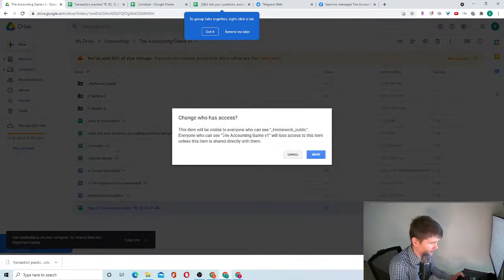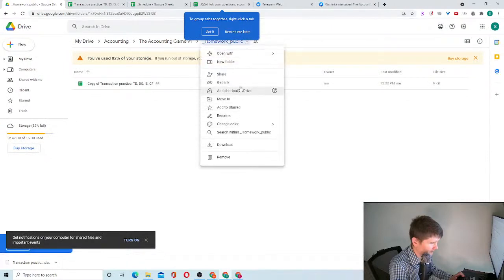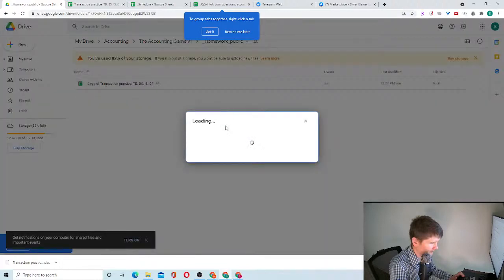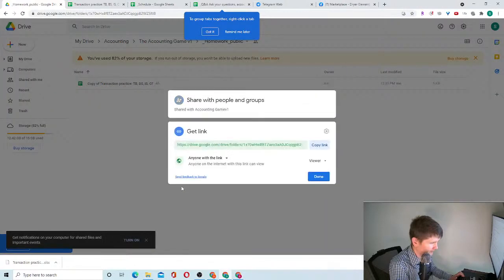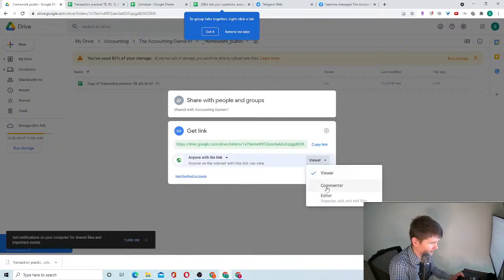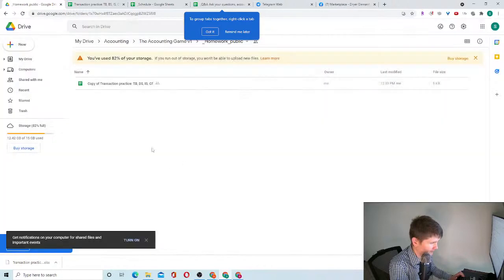I put it here, and for the settings of that folder, I will make it editable by anyone, so you get access here. Done.